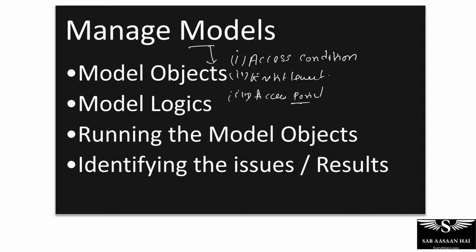Our ultimate goal is that we need to identify if there are any roles, or say any users. We are talking about the user because roles get attached to the users. Is there any user who has a role which gives the privilege for doing multiple things? Let us consider one use case.